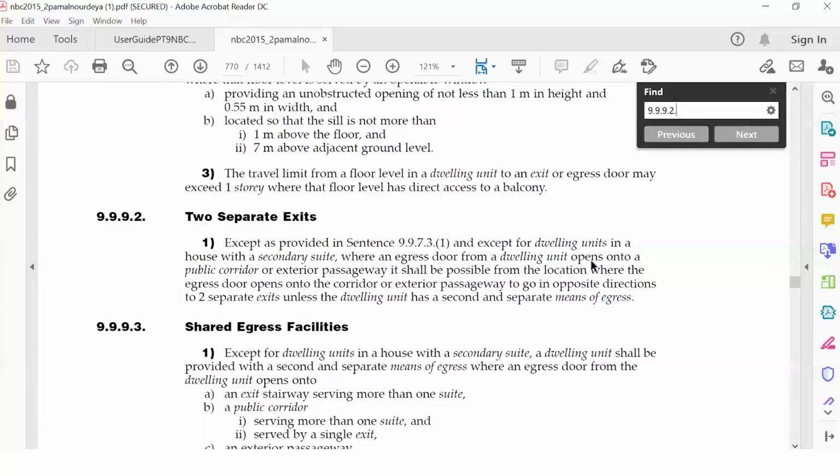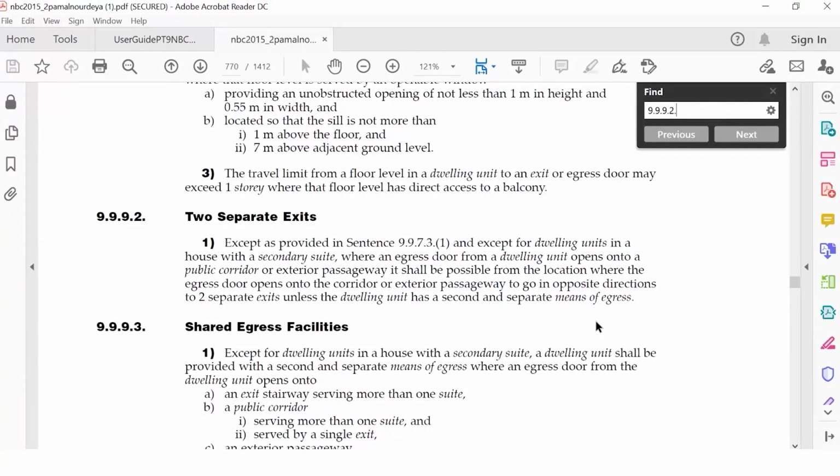Where an egress door from a dwelling unit opens onto a public corridor or exterior passageway, it shall be possible from the location where the egress door opens into the corridor or exterior passageway to go in opposite directions to two separate exits, unless the dwelling unit has a second and separate means of egress. So we said before, for all suites we need to either have an exterior exit or access to a public corridor or a passageway leading to two exits in opposite ways.